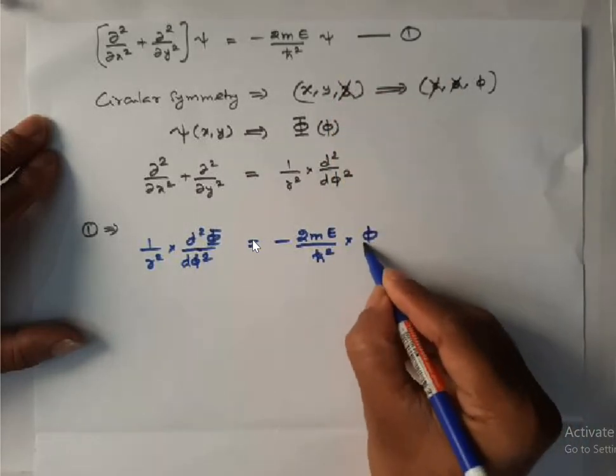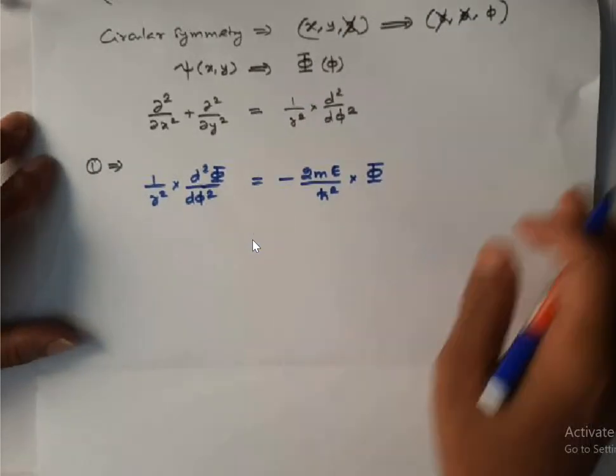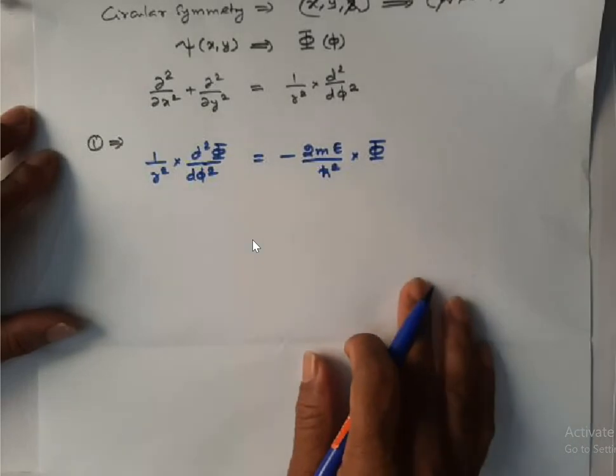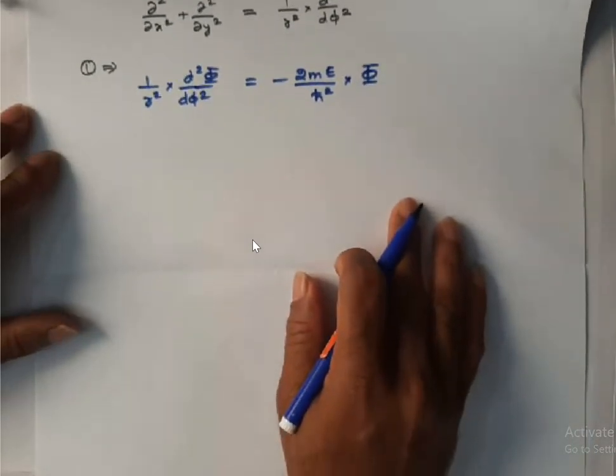So this is the Schrodinger equation in spherical polar coordinates for a particle moving on a ring.